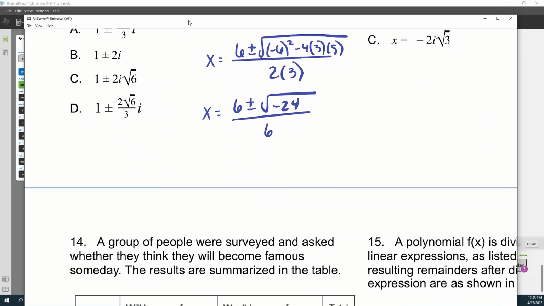And because that is a negative, we are going to pull out an i. And then we're going to see if there is a perfect square that goes into 24. And there is. It is 4. 4 goes into 24 6 times. All right, so this is going to be 6 plus or minus 2i square root of 6 over 6.